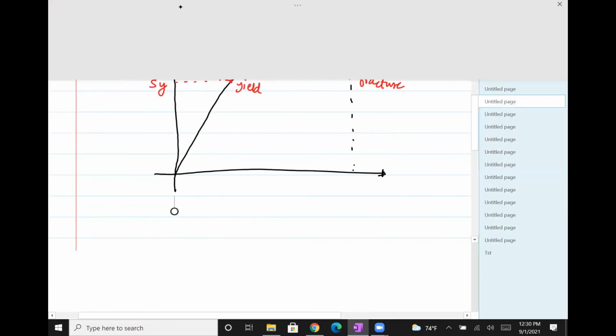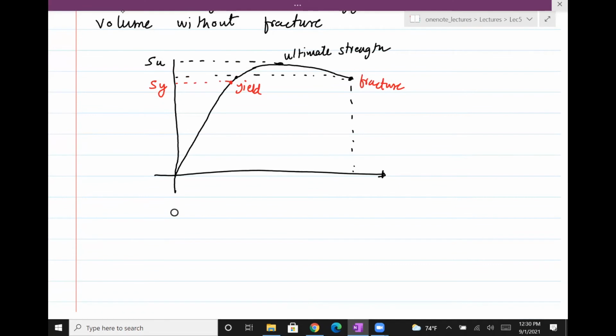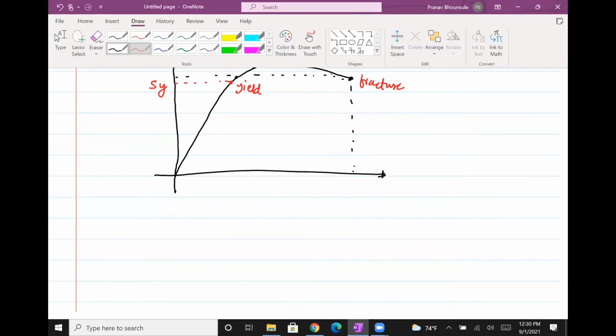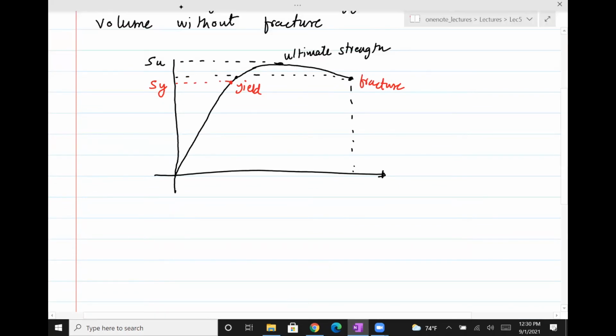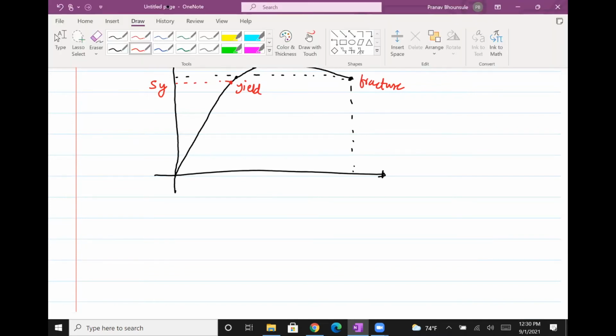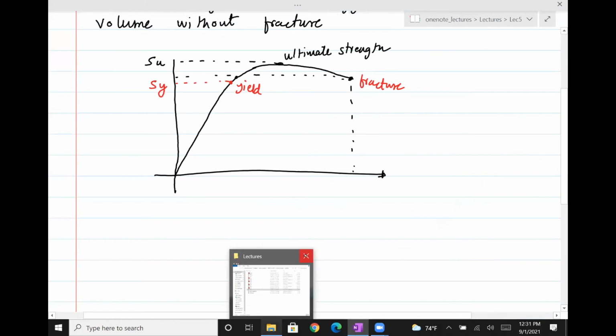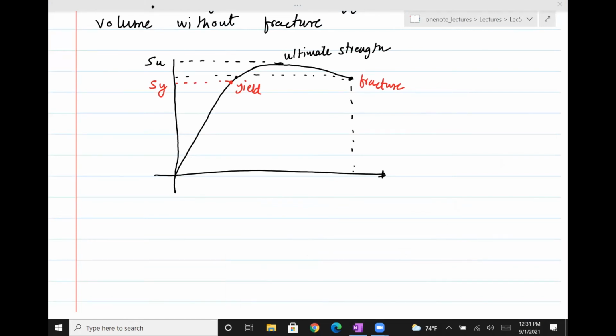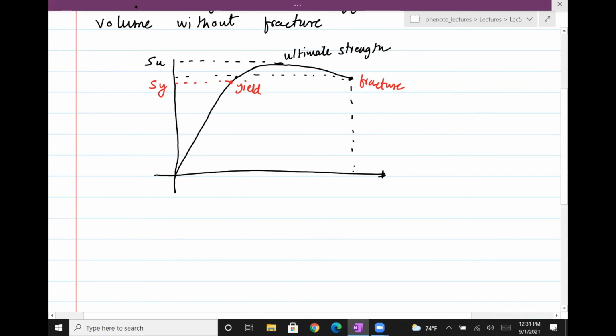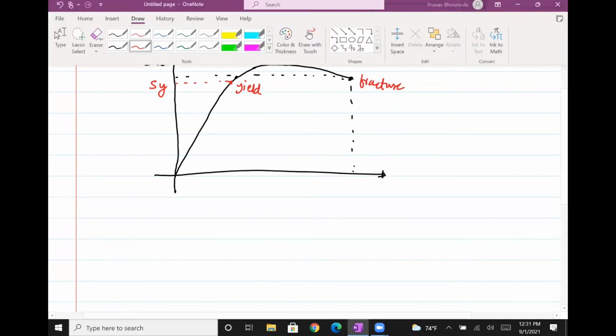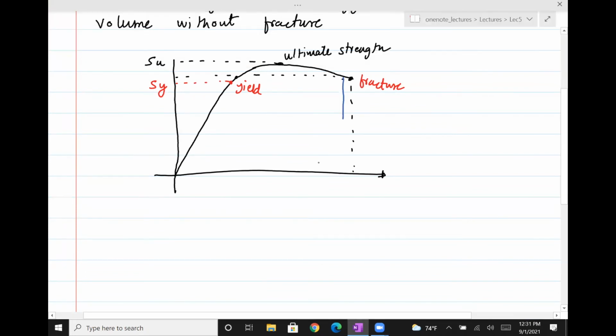Okay, so now, just like the previous case, we need to find the area under the curve. So let's shade it first. That's the area under the curve.